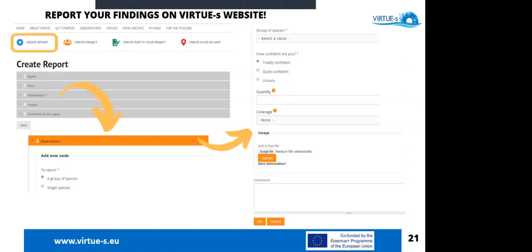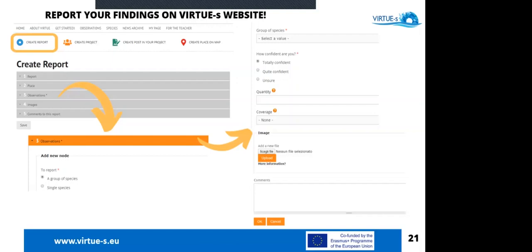You can add information about the quantity of individuals of such species, or about the coverage of the disc. There is also a section where you can attach pictures of your observation. This report can be done directly by the students or by the teachers or educators.